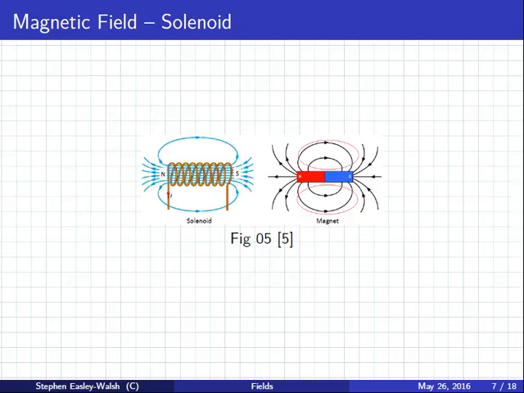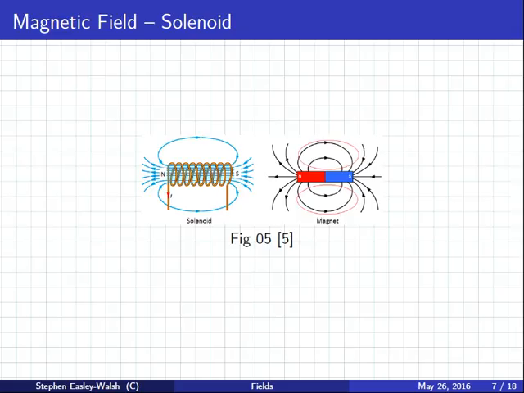So the solenoid has the advantage of being able to turn the magnetic field on and off, allowing you to pick things up and drop them. So for industry engineering applications, the solenoid is a very important engineering machine. It's very, very simple. It's just a copper wire. That's all it is.